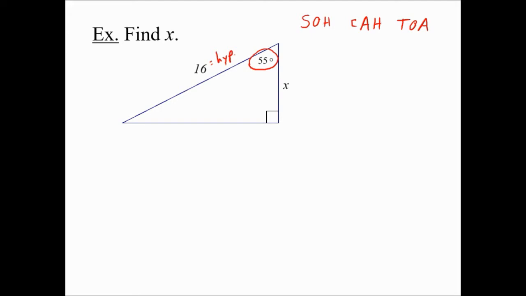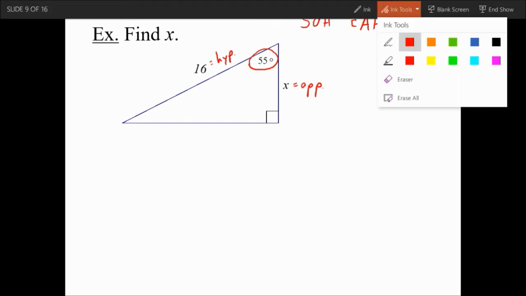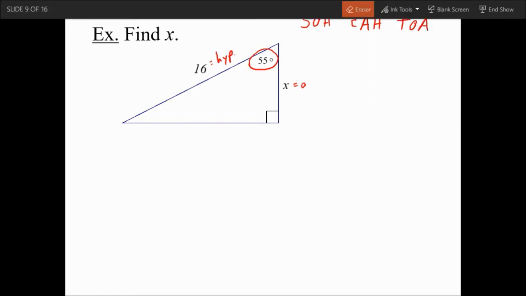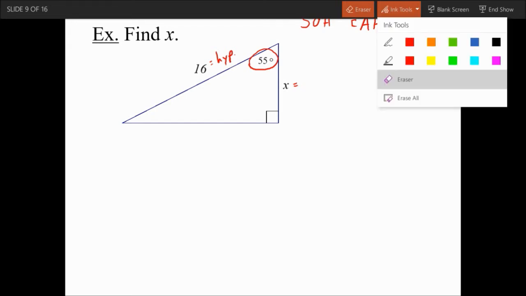Now, if I'm focused on that 55 degrees, notice that the x is right next to it, so that x is the opposite side. Nope, it is not. Wow, I'm not even close. Let's try that again. The x is the adjacent side. Sorry.